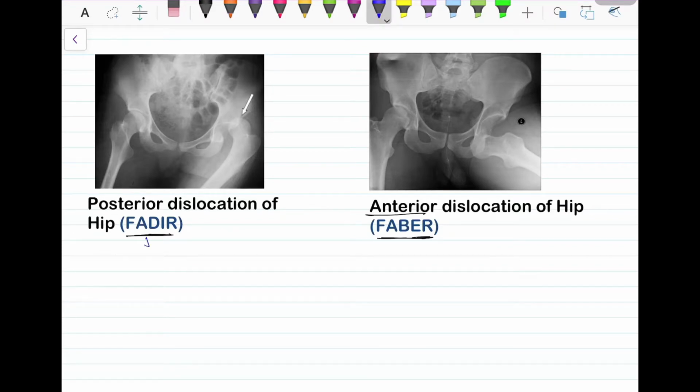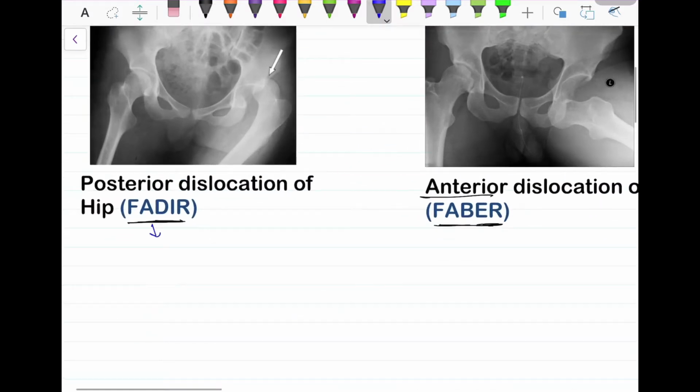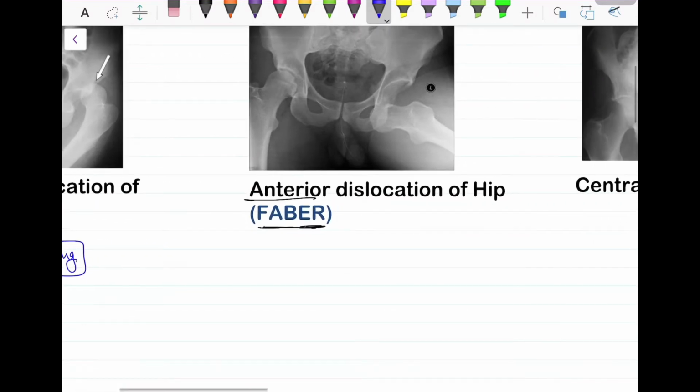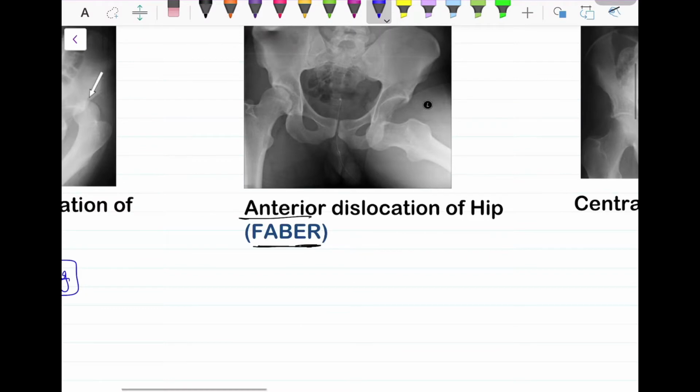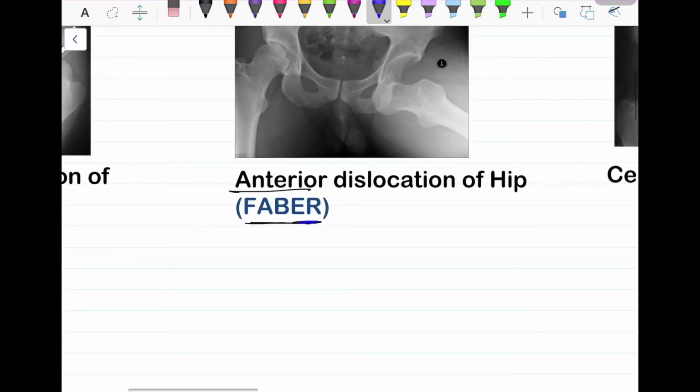And along with this deformity, that is flexion, adduction and internal rotation, there is limb shortening. And in anterior dislocation, along with the flexion, abduction and external rotation, there is limb lengthening.